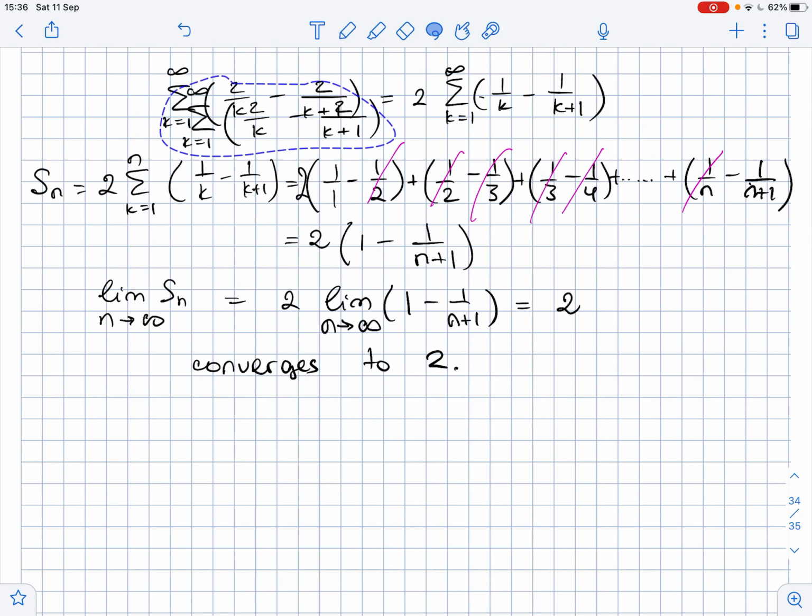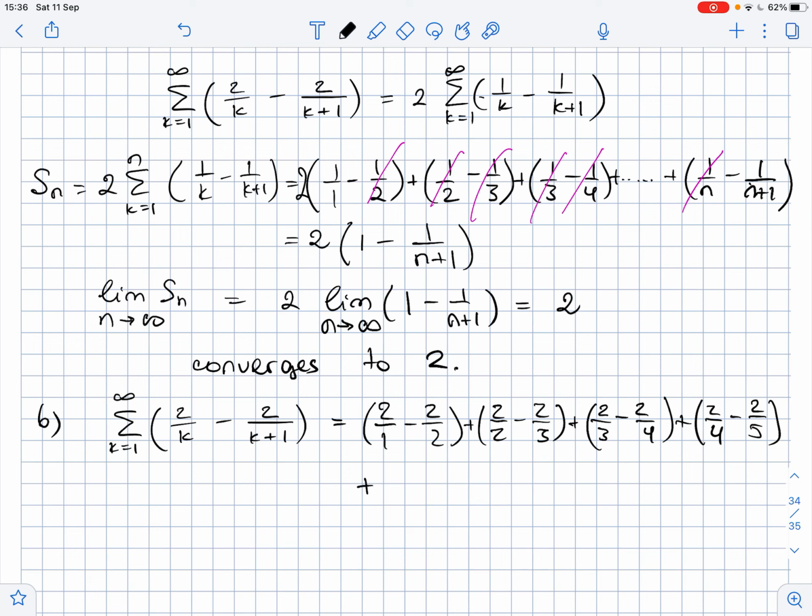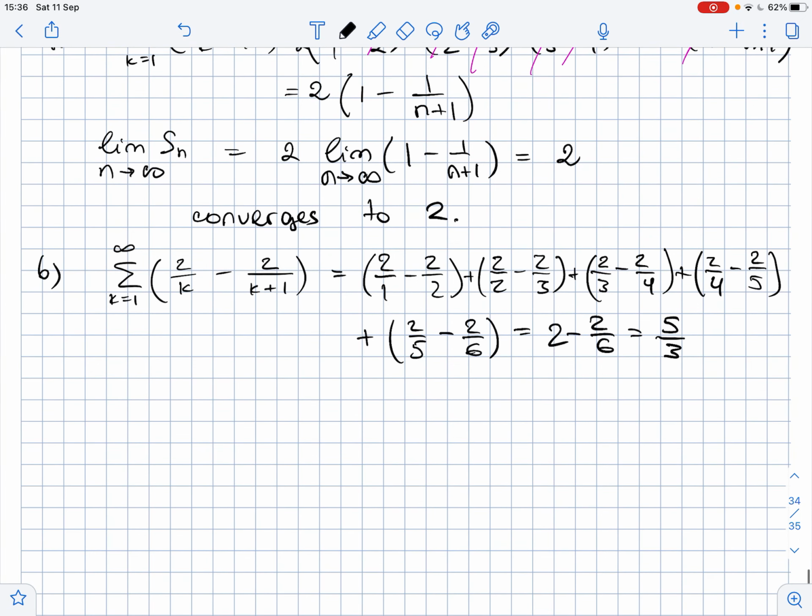Our sequence, this is part B, equals 2 over 1 minus 2 over 2 plus 2 over 2 minus 2 over 3 plus 2 over 3 minus 2 over 4 plus 2 over 4 minus 2 over 5 plus 2 over 5 minus 2 over 6. Then this equals 2 minus 2 over 6, so it equals 5 over 3.